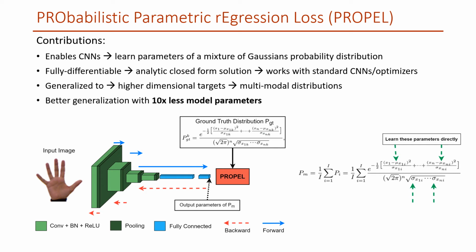We propose a generalized solution for PROPEL, which has generalized equations for high-dimensional targets as well as generalization for multimodalities by having multiple Gaussians in the target distribution. In our experiments, we show that models using PROPEL generalize better while having 10 times fewer parameters.